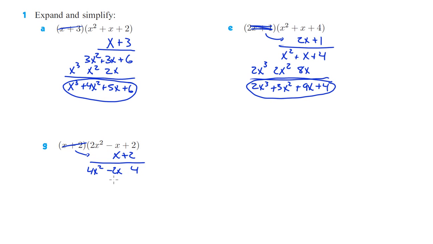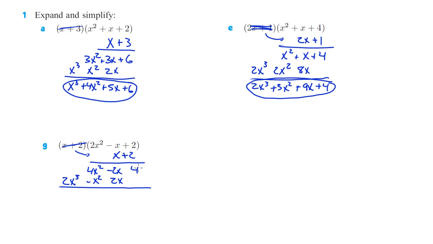X times 2 is 2x. I'll put that in with the other x's. X times negative x is negative x squared. There's my other x squared. And then x times 2x squared is going to be 2x to the third.